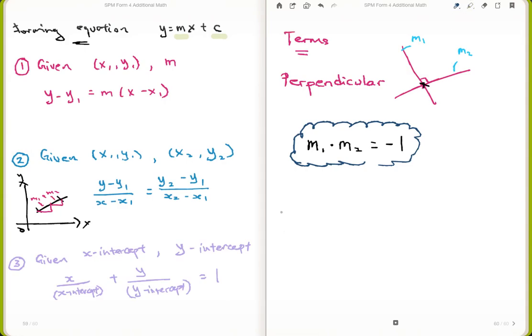Tangent would be another term. Tangent and normal. Of course, tangent you need to relate with some other things in Form 5 later, but for now it's good to know.